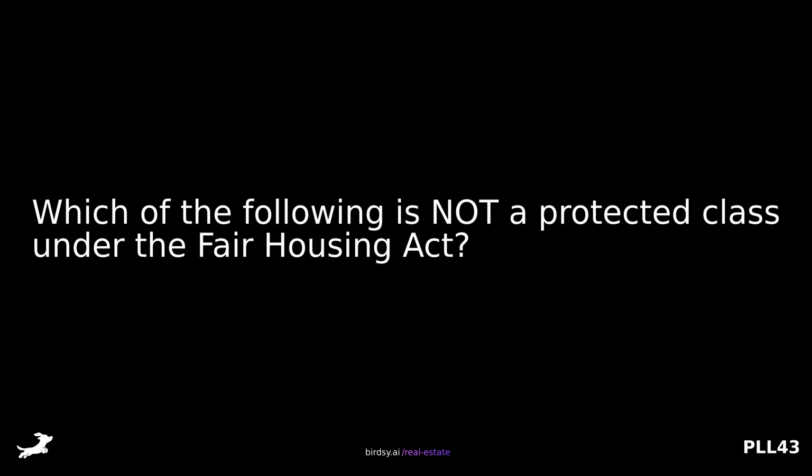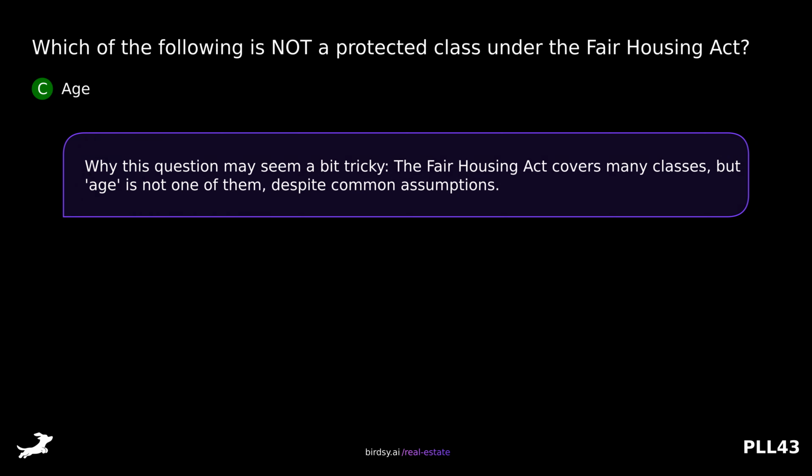Which of the following is not a protected class under the Fair Housing Act? Is it A, race, B, disability, C, age, or D, familial status? The answer is C, age. Why this question may seem a bit tricky. The Fair Housing Act covers many classes, but age is not one of them, despite common assumptions.